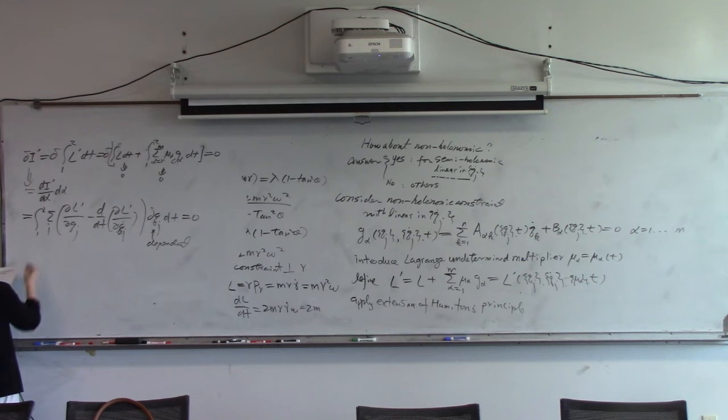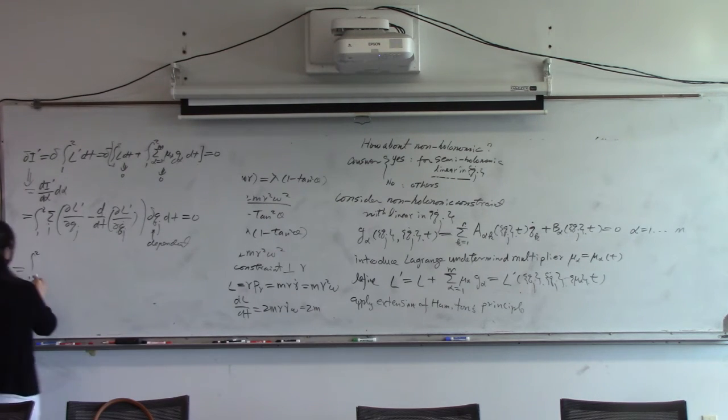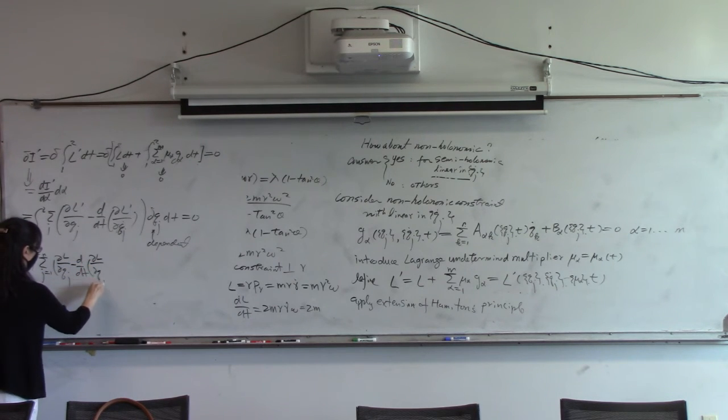If I substitute L prime by its detailed definition, I have this term: the summation over j from 1 to n of partial L partial q j minus d dt of partial L partial q j dot.